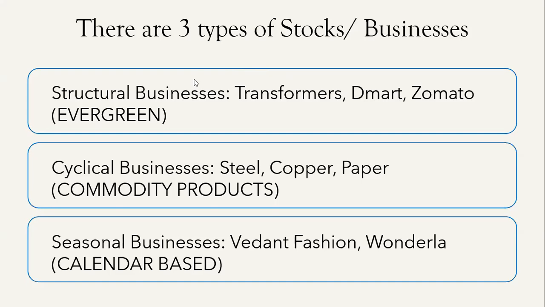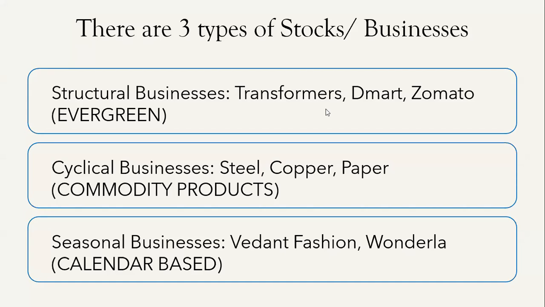Transformer manufacturing is an evergreen business. It does not have any seasonal component. Is grocery a seasonal business or an evergreen business? DMart basically. Is DMart seasonal or evergreen? DMart is evergreen again because whatever food we eat in summer, the same food we eat in winter, and therefore DMart is also an evergreen business. Right?